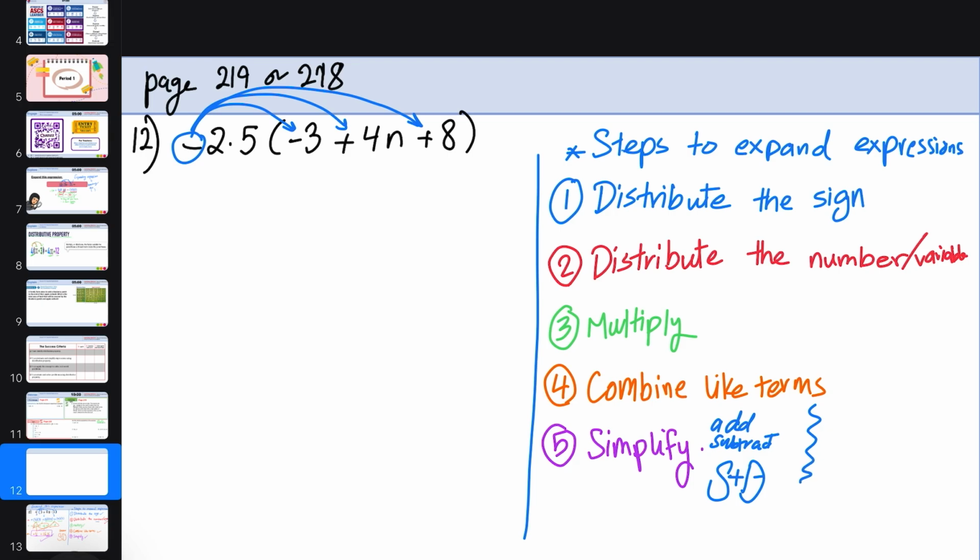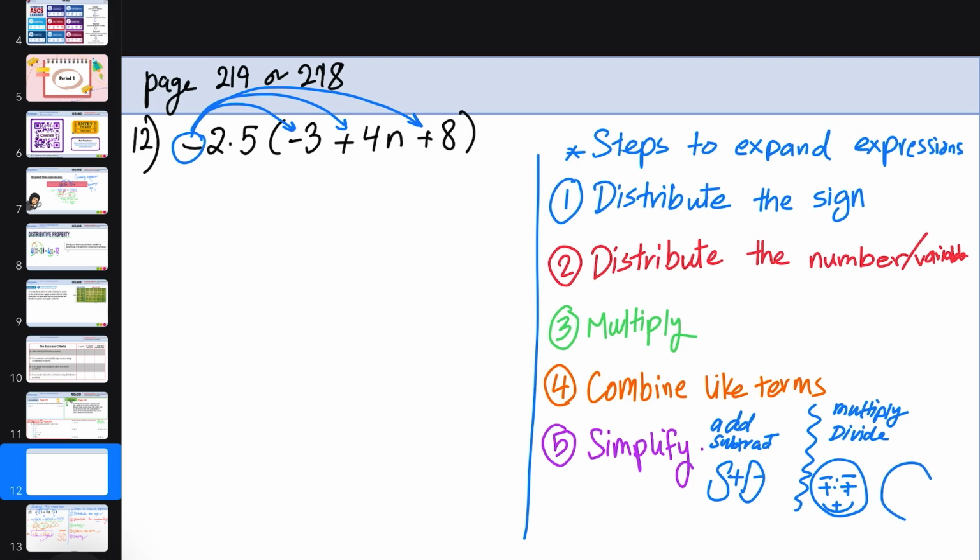But in multiplication of signs or division, when you are multiplying or dividing, you need to use the smiley faces rules, which was if you are multiplying same signs, negative times negative or positive times positive, the answer is going to be positive.